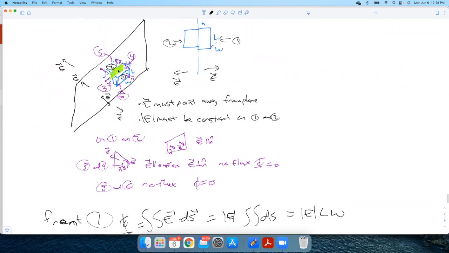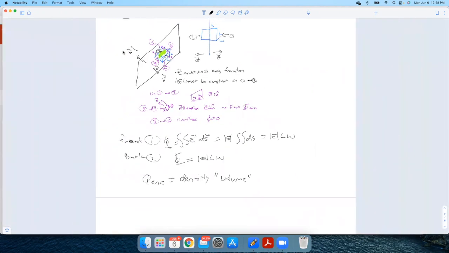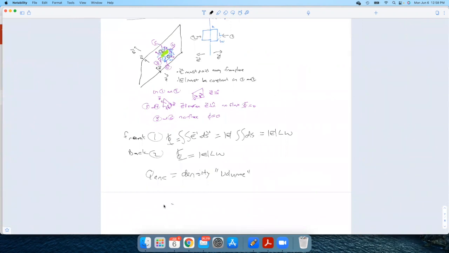That yellow section right there, that's the intersection of my pillbox and my sheet. So I just want the area of that rectangle times my density. So this will be sigma, my charge density, times area enclosed. That's LW. He's L high and W long.